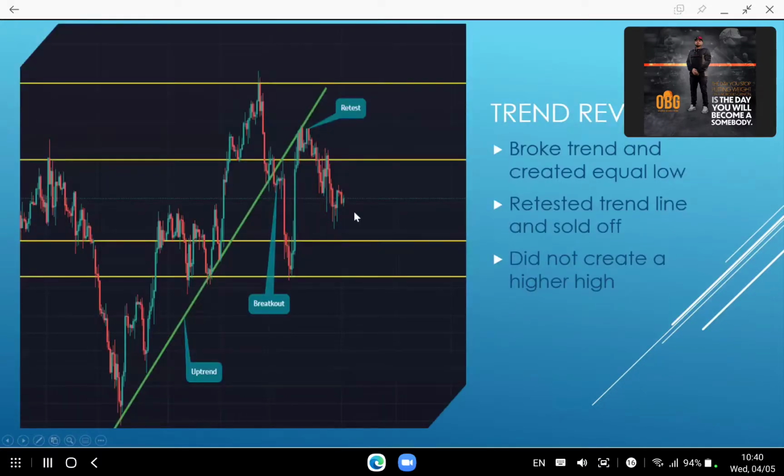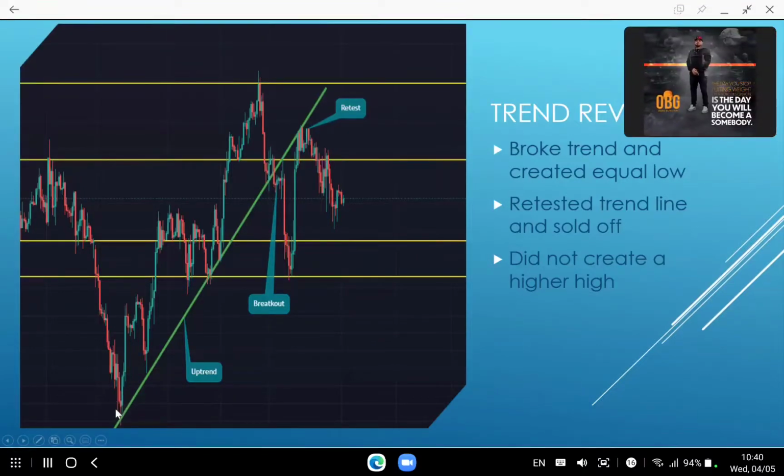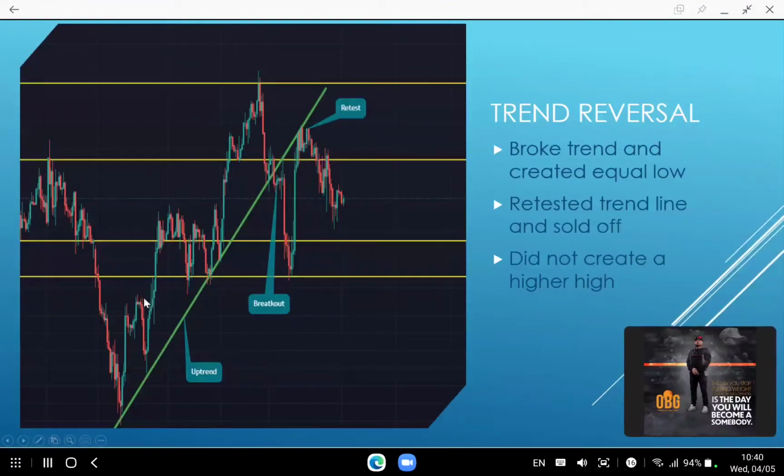All right, so this is an actual live chart of that. We have this first low, or this is our high, then we have a higher low because price is higher than this one.